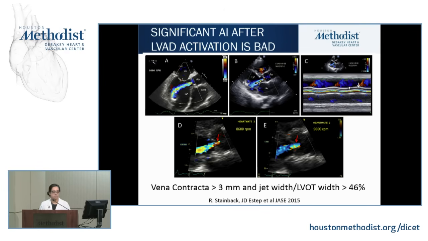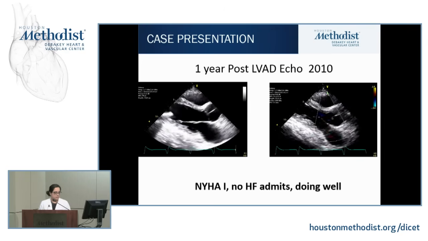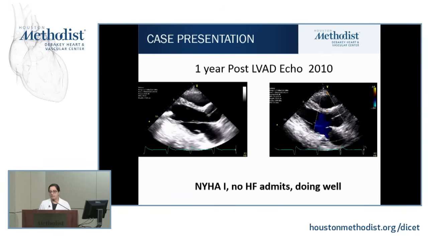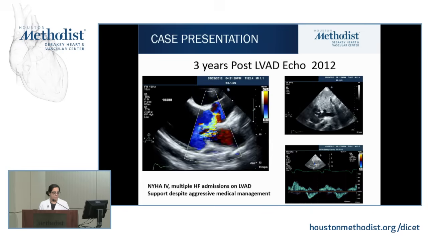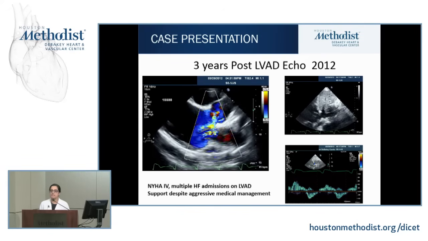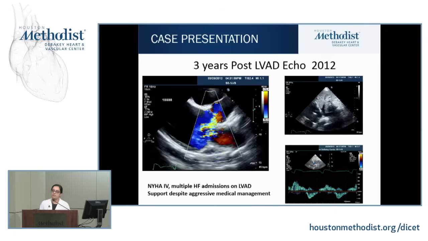That just makes sense. This is somebody, so we do usually think that AI develops over time, and this is an example of somebody who had 1 year post in 2010. They were doing okay, NYHA class 1, no heart failure admits, doing well. 2 years, start developing some AI. 3 years, develop significant AI. Although I would say now that I've seen early AI.